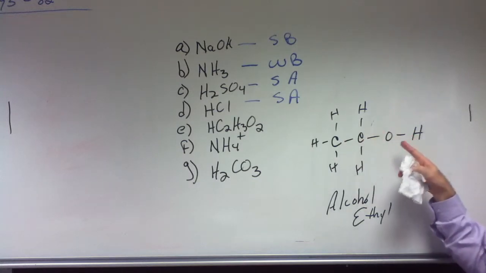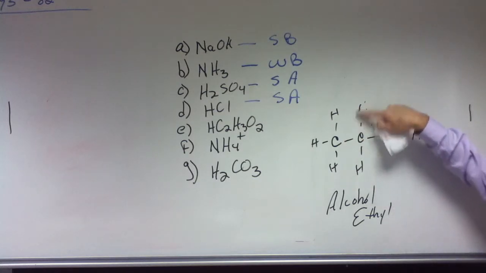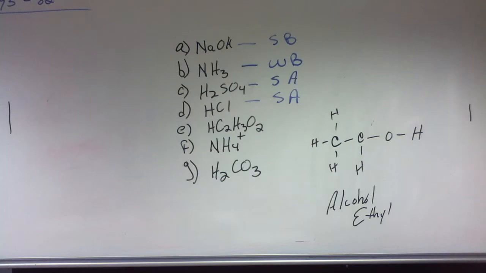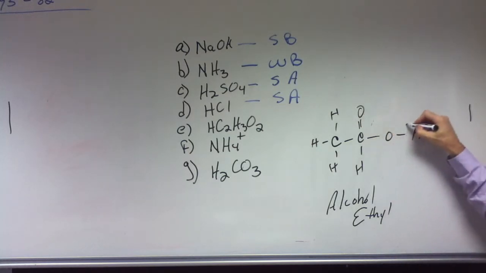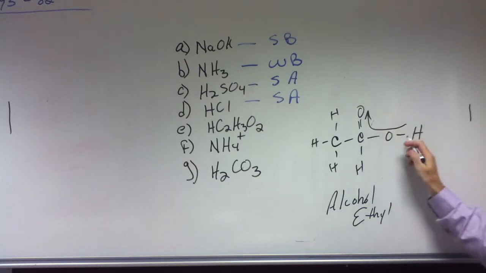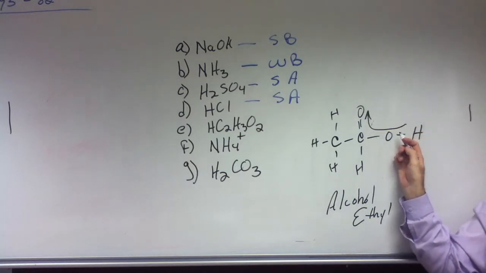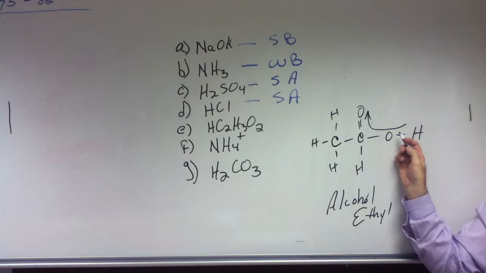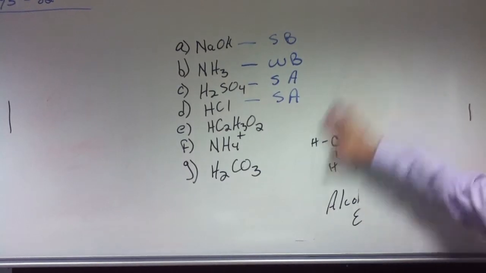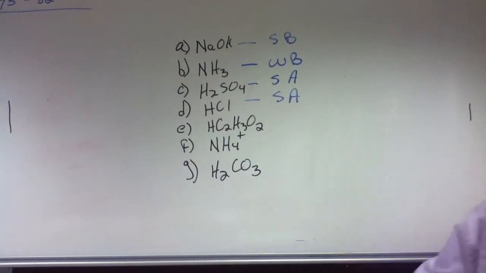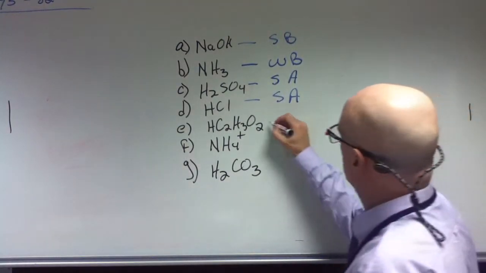If I put a double bond on here, I drive the electrons this way, and I weaken that bond. You see how that works? That makes it an acid. So acetic acid is going to be a weak acid.